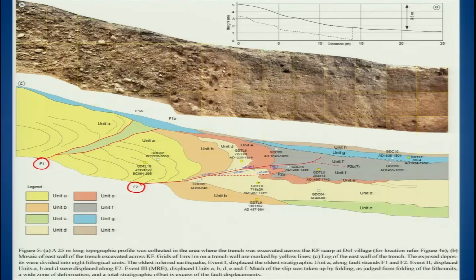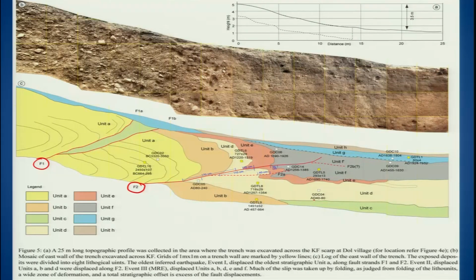Now, if this is the event horizon and this was displaced at the time of the earthquake, then what we will do is take the minimum age of this unit, that is the last depositional age of this unit, or if we have charcoal, then we will take the youngest age of this particular unit, and then the oldest age of the unit capping it, so minimum and maximum, and that will allow us to bracket the event.